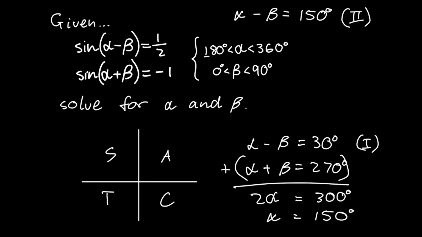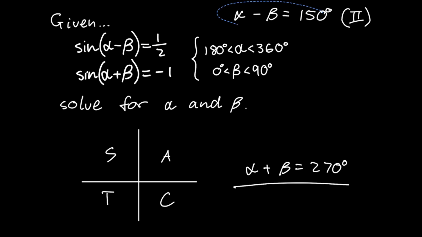But we had a restriction where alpha had to be between 180 and 360, and 150 clearly doesn't lie in that interval, so this is obviously not a valid way to solve it.